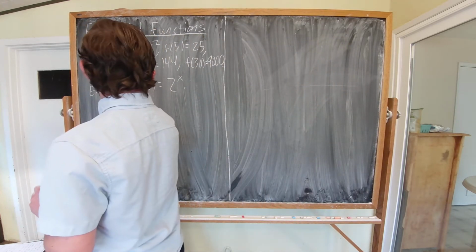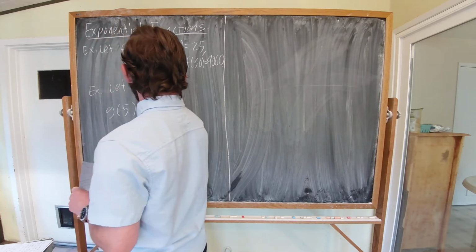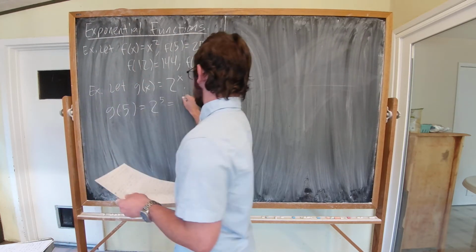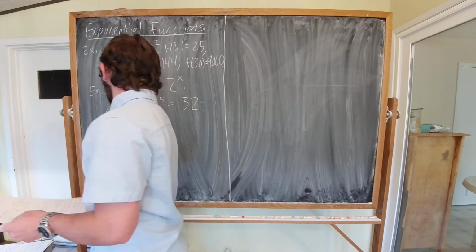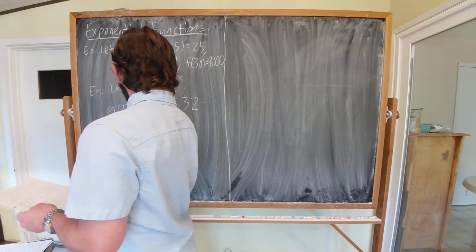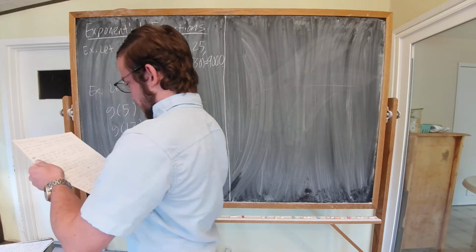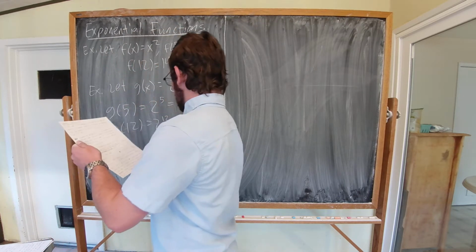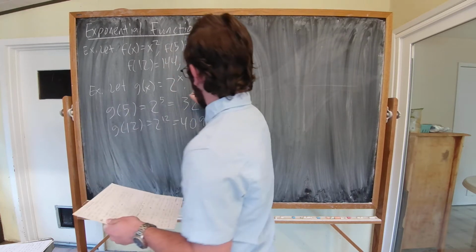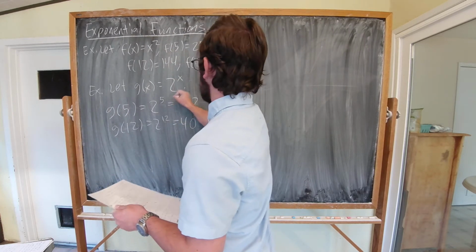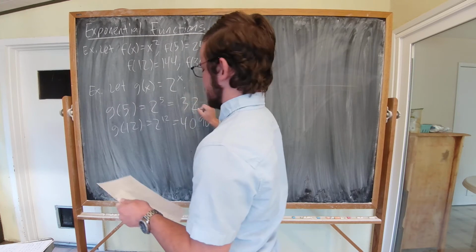Well, g of 5 is 2 to the 5th power, which is 32. G of 12 is 2 to the 12th power, which is 4,096. Oh, I'm sorry. This should not be. No, it is 32, right? Yes.